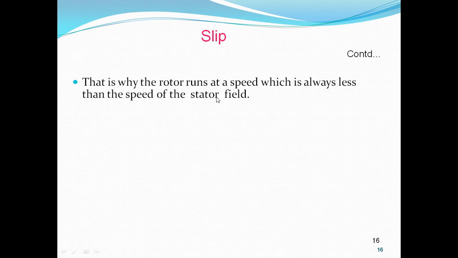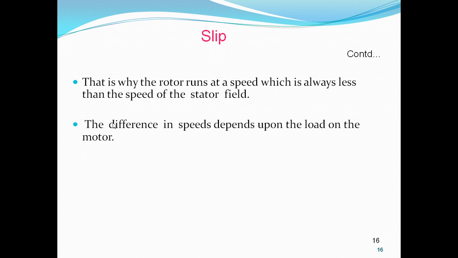So that is why the rotor runs at a speed which is always less than the speed of the stator field. The difference in speed depends on the load on the motor. That means if load increases, speed decreases.